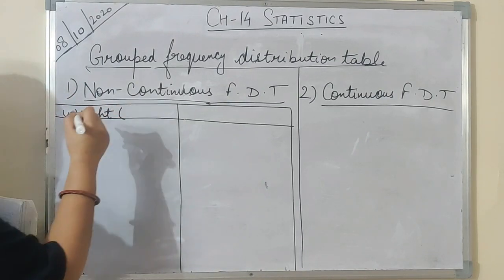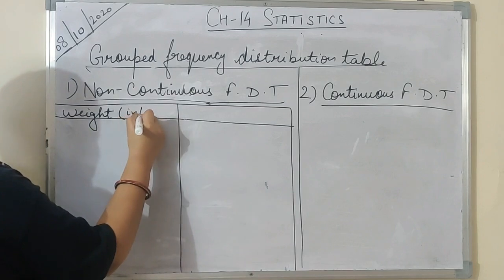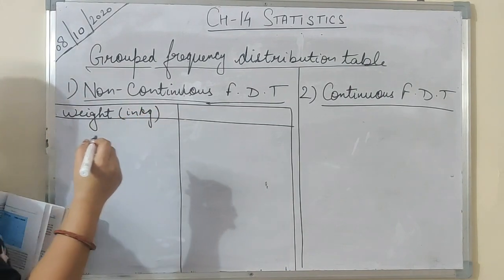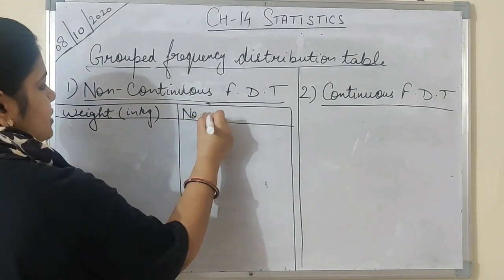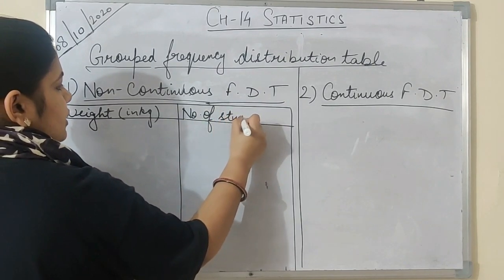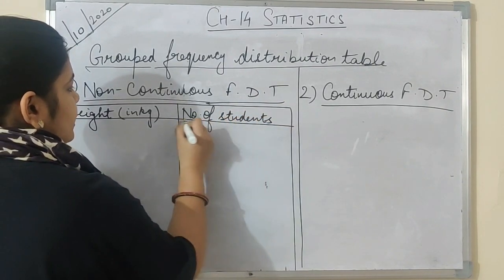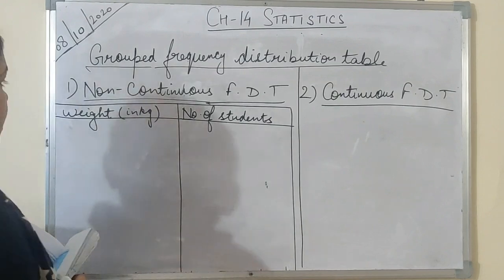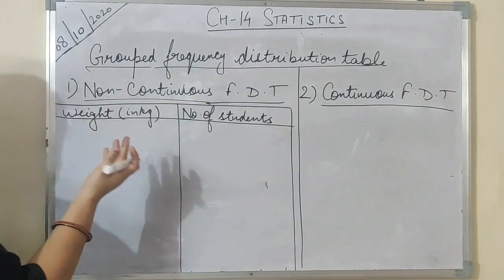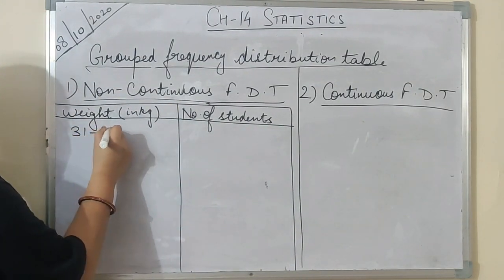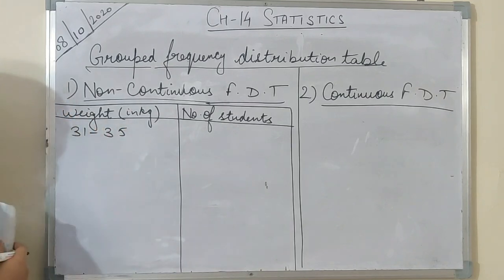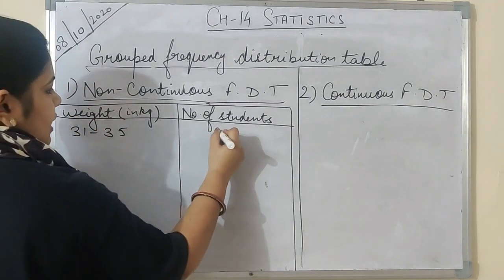Weight of students in kg. Okay, and here number of students, so you can say frequency of students, that is how many students have this weight in kg. So the first group is 31 to 35.